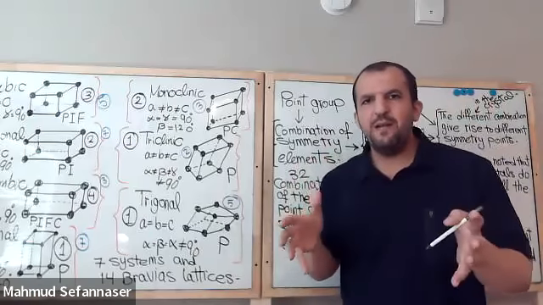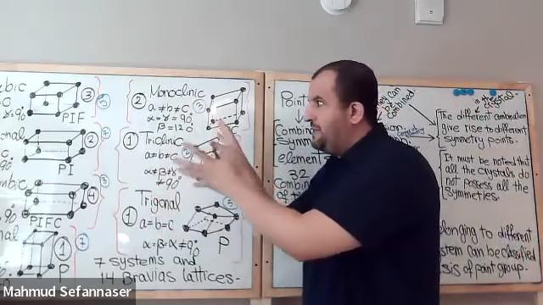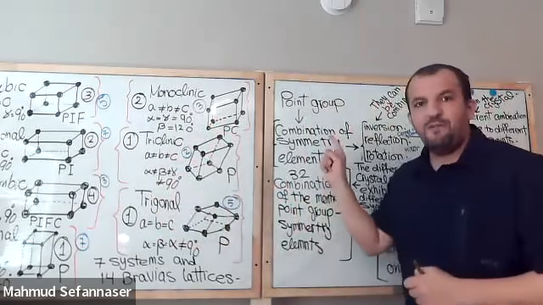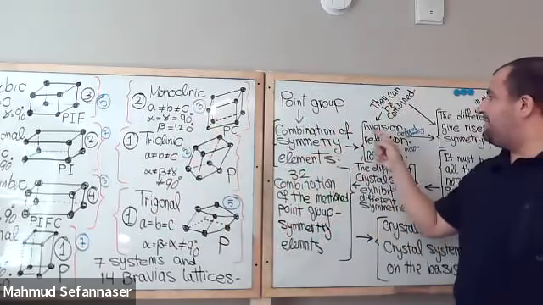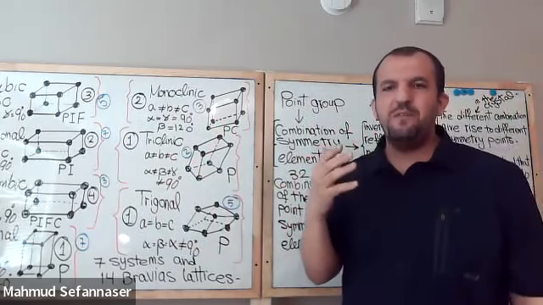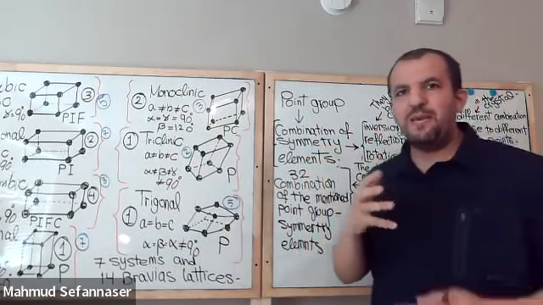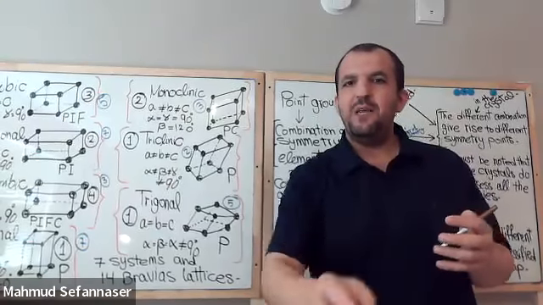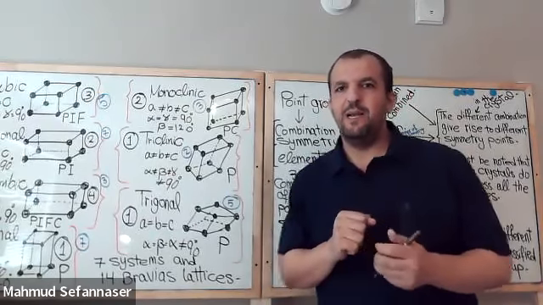There are symmetry elements, guys, associated with these crystal systems that you can see right here. Those symmetry elements are inversion, which has something to do with the center of symmetry. So if we are talking about symmetry, there is a center of symmetry, and the inversion can happen about it.